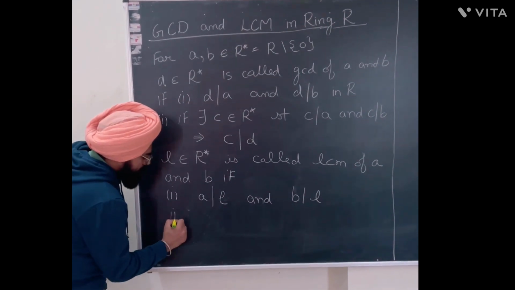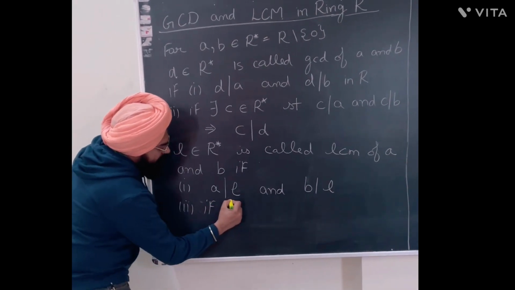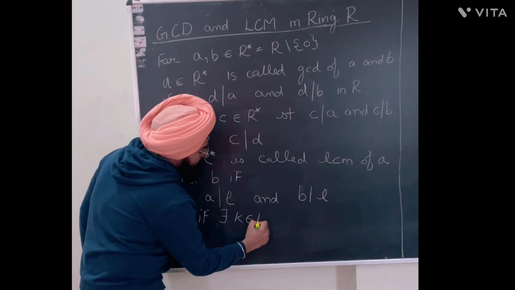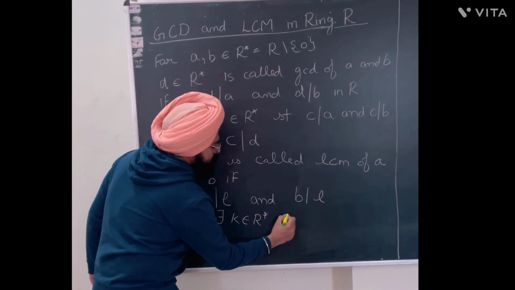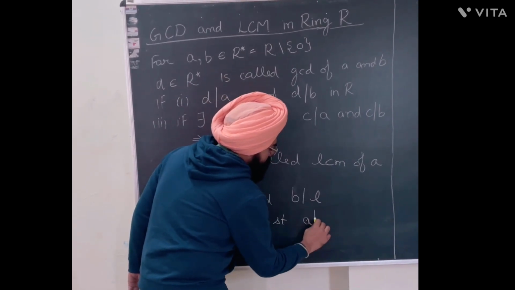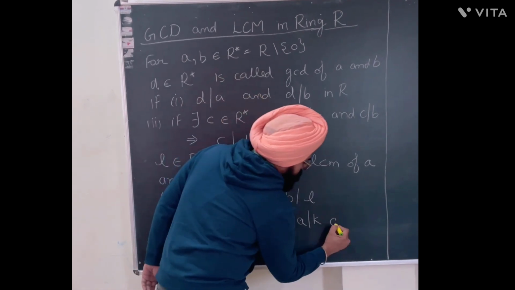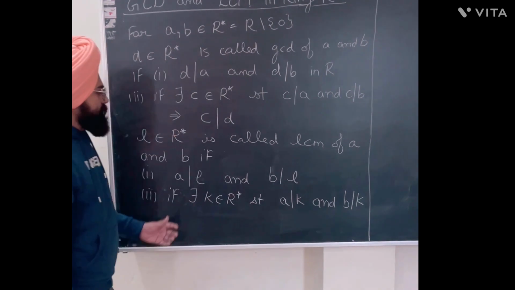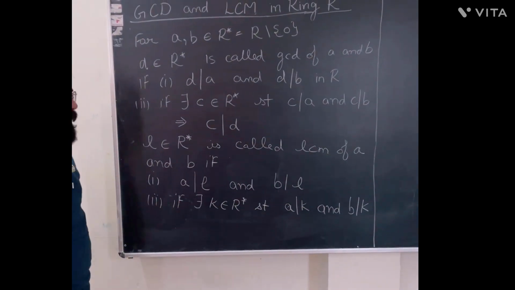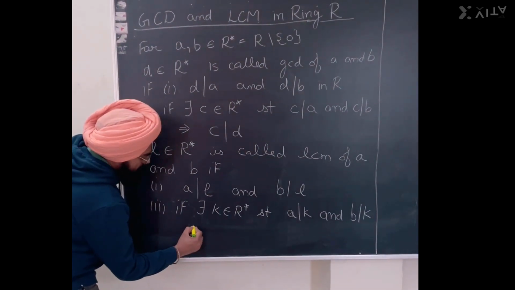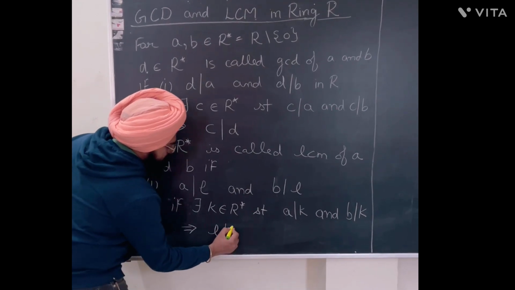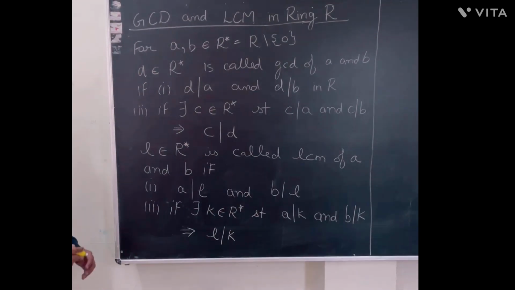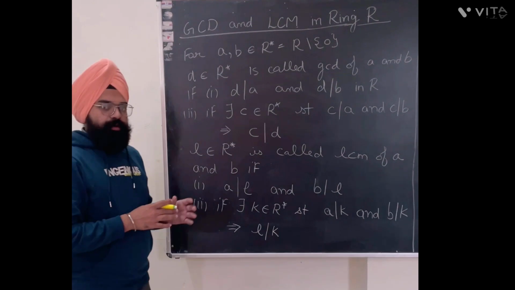Now secondly, if there is some k belonging to R star such that a divides k and b divides k, then as the name suggests, the least common multiple, l should be the least, so this should imply that l divides k. So this was the general definition of GCD and LCM.